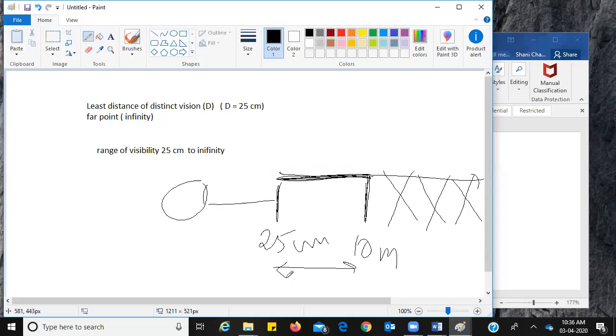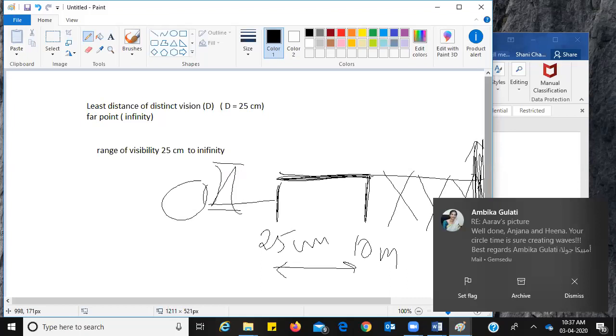Anything you bring in between this, my eye can detect as an image on the retina. Okay. Now I'm bringing a concave lens in front of my eye as specs. Now I'm keeping an object at infinity, very far away. So this real object is the object for the concave lens, right?